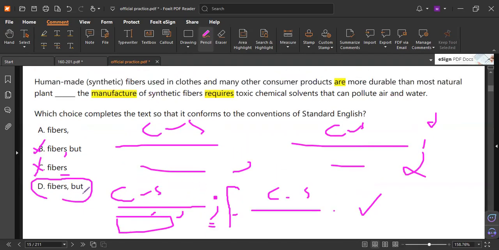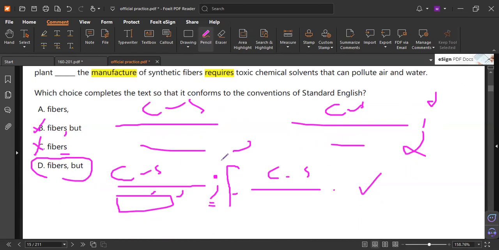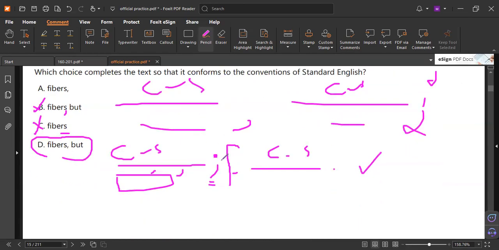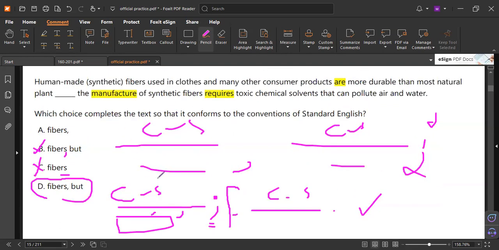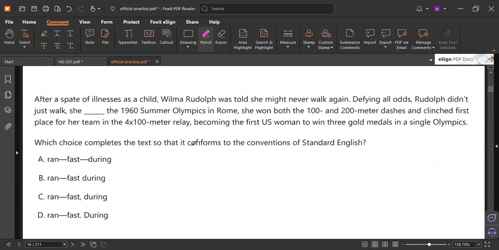But here we don't have that. Again, we can delete the comma if it's a short clause, and change it to a semicolon if the first clause has commas. That's all. But here complete sentence, comma, FANBOYS, complete sentence is correct. So letter D.